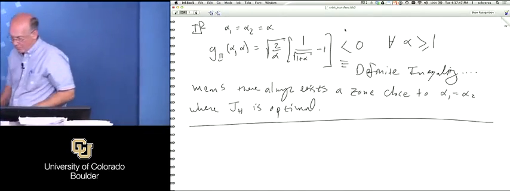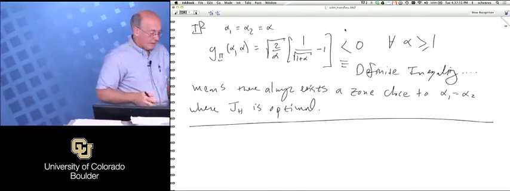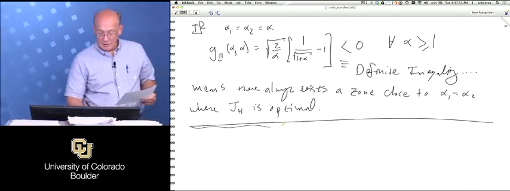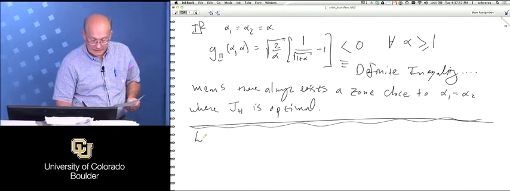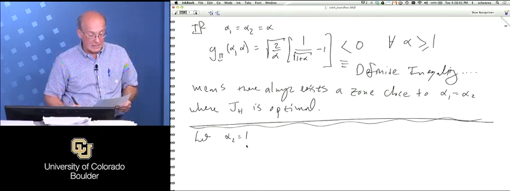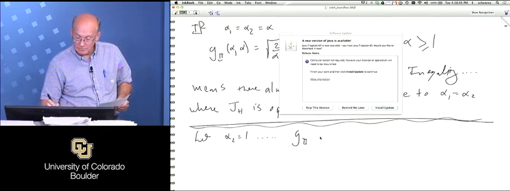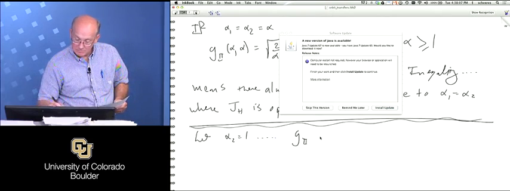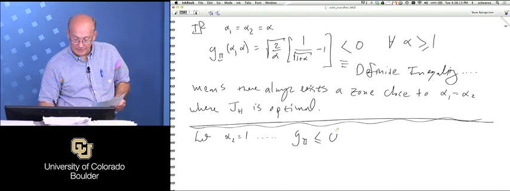And we can do a couple more things. And here, we almost have to just start playing around to understand what's going on. And if we just sort of arbitrarily let alpha 2 equals 1, you can show that G22 is definitely less than 0.